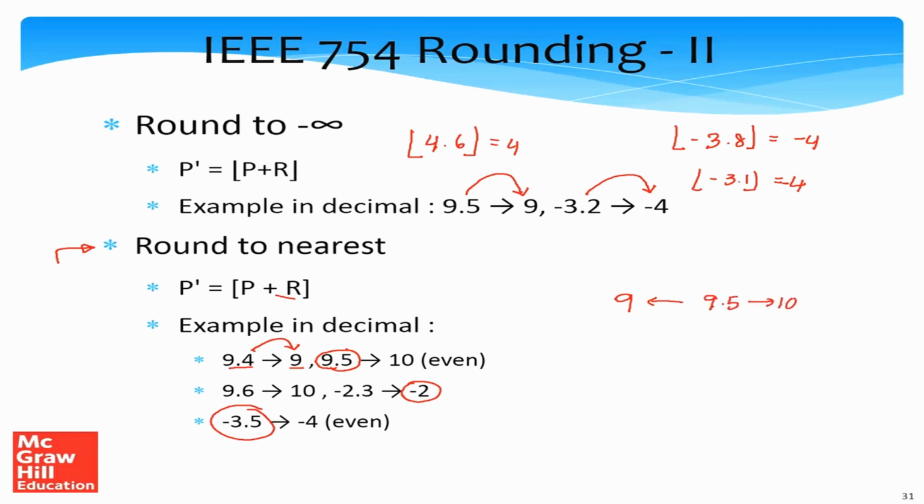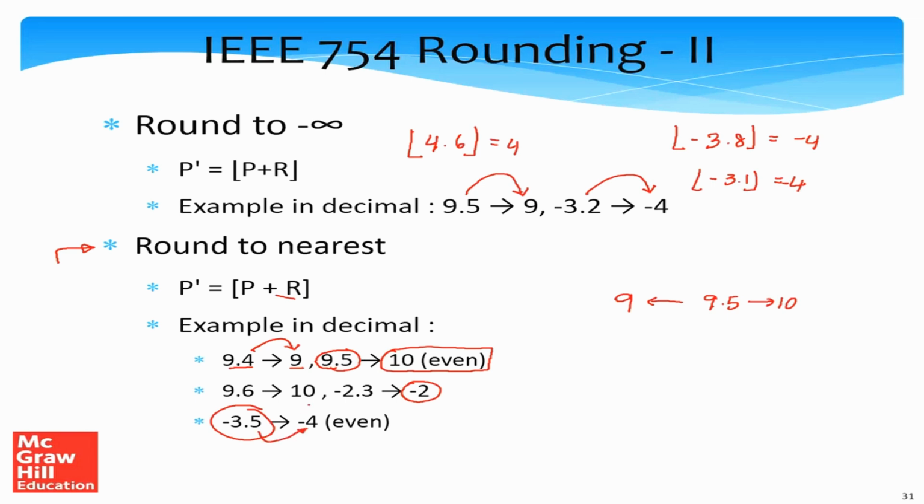It's equally close to both 9 and 10. So in this case, as a matter of convention, we'll prefer the even number. The even number is 10, so we'll round it to that. Similarly, for minus 3.5, we'll round it to the nearest even number, which is minus 4.